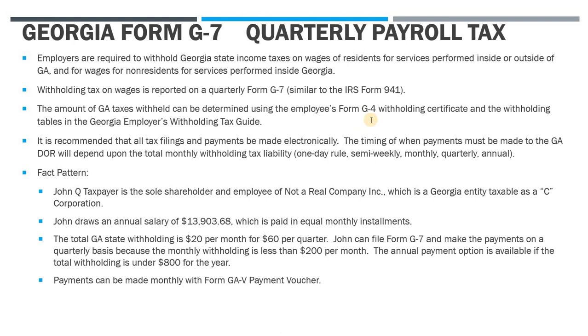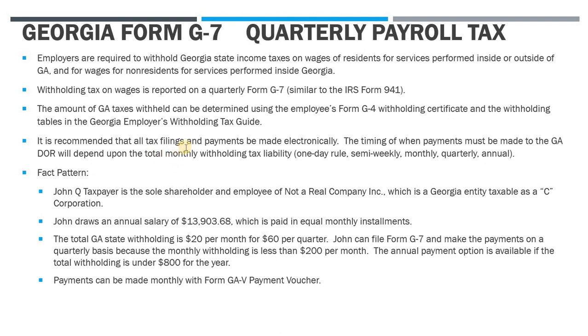So you look at the employee's Form G-4, that's their withholding certificate, so that's similar to the Form W-4 for Fed. And then you also need to consult the withholding tax tables that we'll find in the employer's withholding guide. Now, it's recommended that all these filings and taxes be paid electronically, certainly much easier.